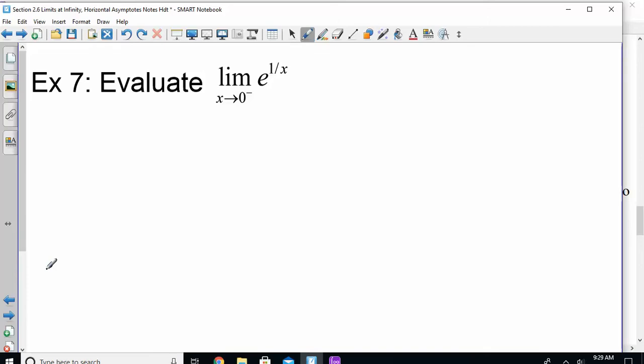The limit as x approaches 0 from the left of e to the 1 over x. Let's see if we can figure this out. We've talked about 1 over x already today, haven't we? We graphed this earlier. We said the graph looks like this.